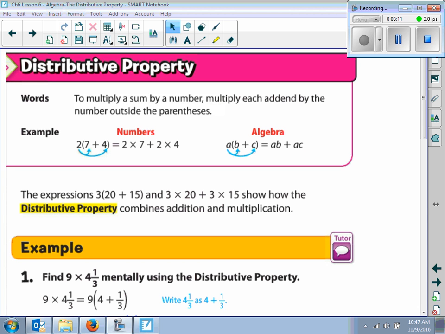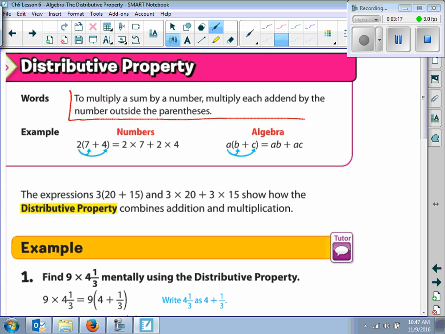So this is what you're going to write down. You're going to write down the definition of the distributive property, and you're going to write your 2 examples. Okay? Please make sure that you title this the distributive property.